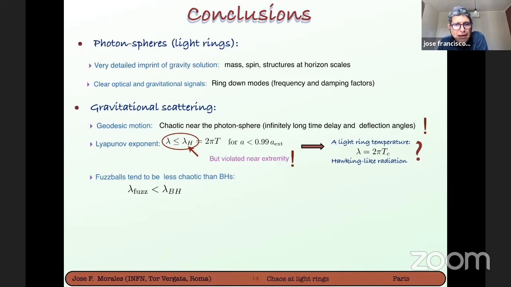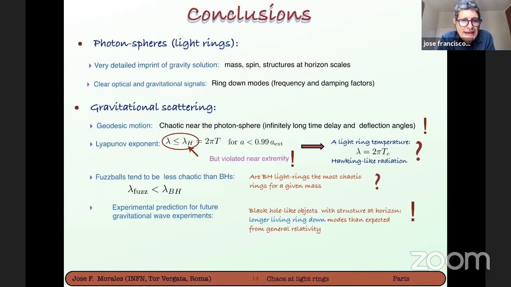Another observation, based on very low statistics but still very relevant, is that fuzzballs tend to be less chaotic than black holes. This raises the question of whether black holes are the most chaotic for a given mass.